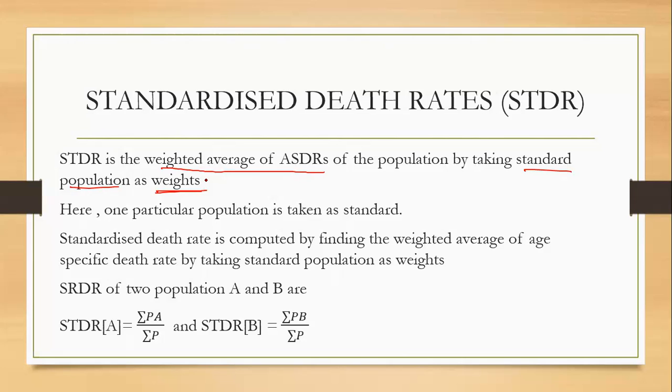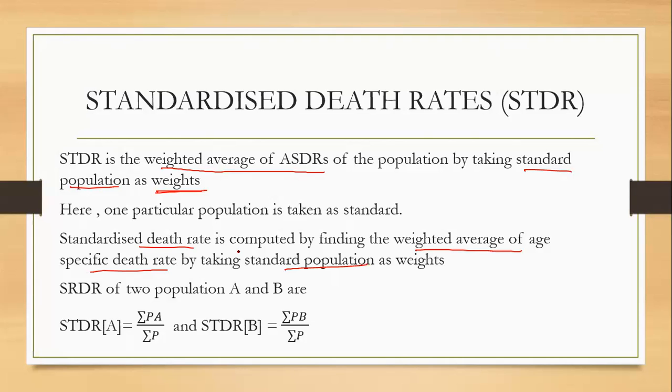The standardized death rate is computed by finding the weighted average age specific death rate. That is, we find the weights of age specific death rate by taking standard population as weights. One particular population, that is standard population, will be taken as standard.